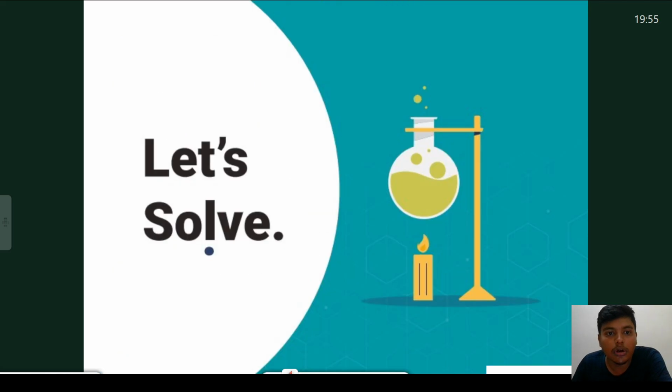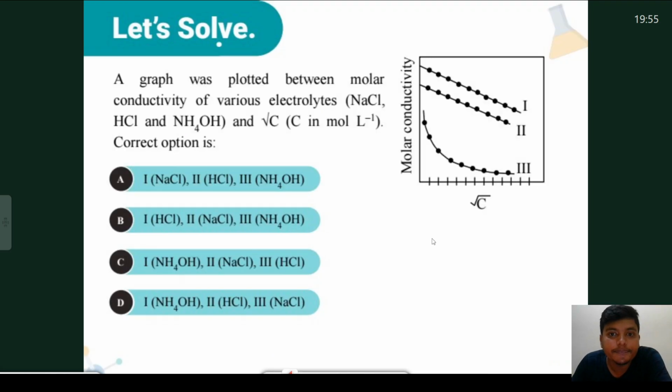Okay, so some questions you will do. A graph was plotted between molar conductivity of various electrolytes. You have to say which one is which, 1, 2, and 3. Simply you can say that this is weak and these two are strong.